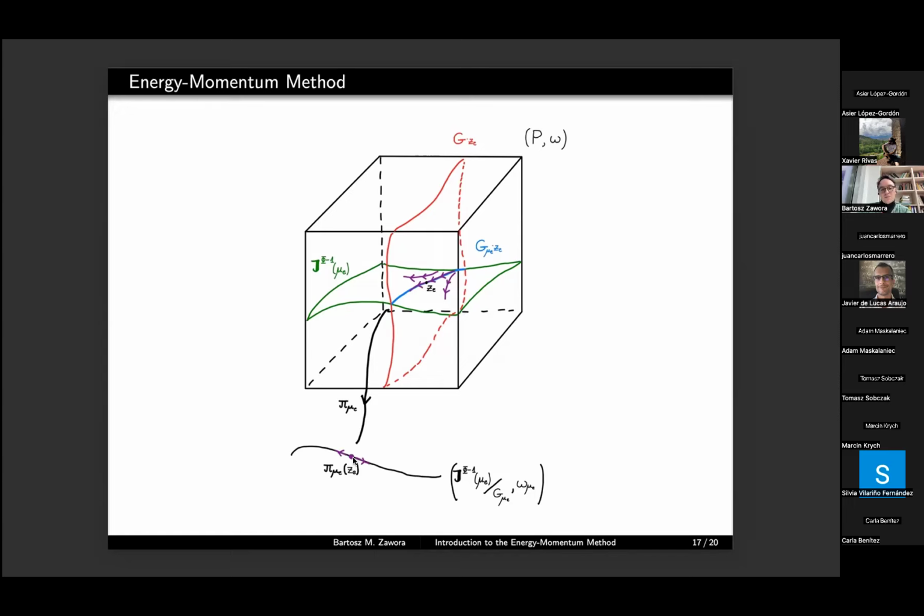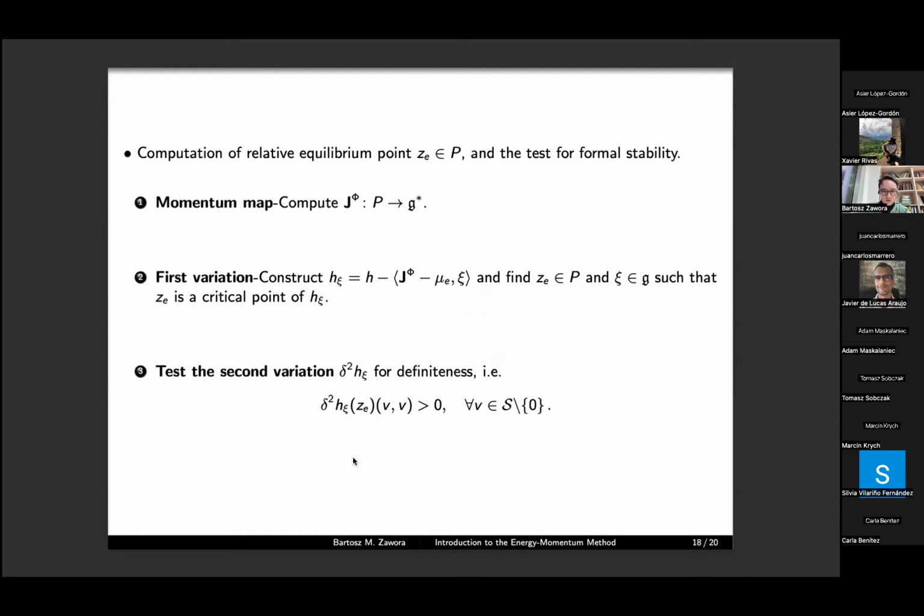Shortly, as a conclusion, the energy momentum method requires roughly three steps. First, we need to compute the symplectic momentum map. So we have to have symmetries, and we have to know the symplectic structure.